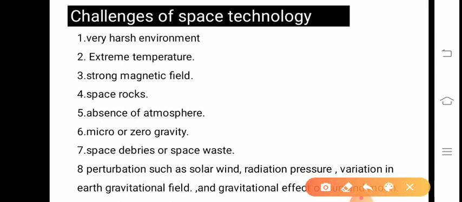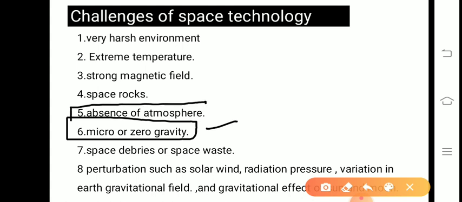The most challenging problem here is microgravity. So there is no gravity, and that's why people in space or in the International Space Station face weightlessness. Second, there is no atmosphere, because we want to carry out some experimental work in the International Space Station, and we already did it, and we will continue this journey.